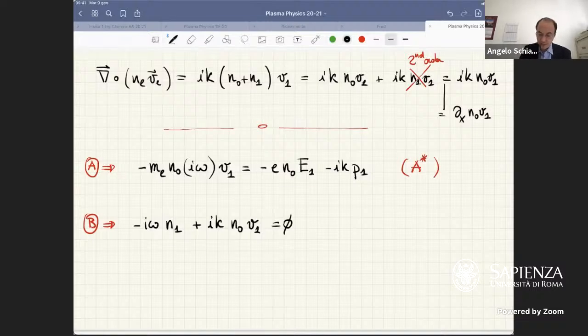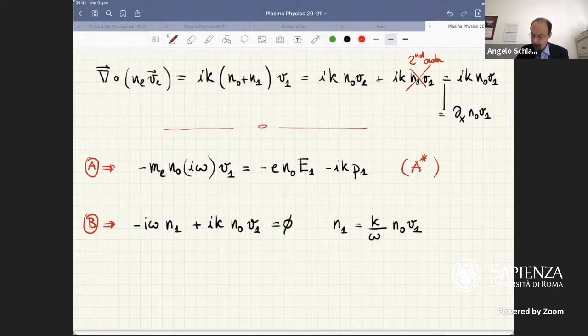And we can express this solving for n1. So we can solve for the perturbation of the density. So we can write this as n1 equals k divided by omega times n0 v1.